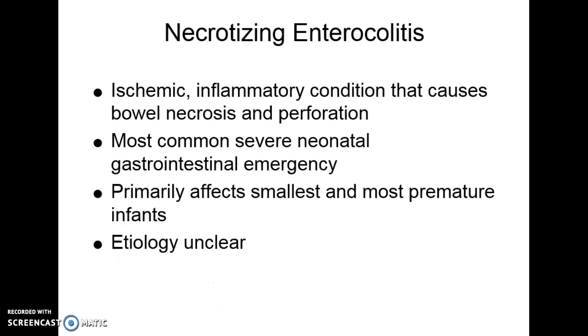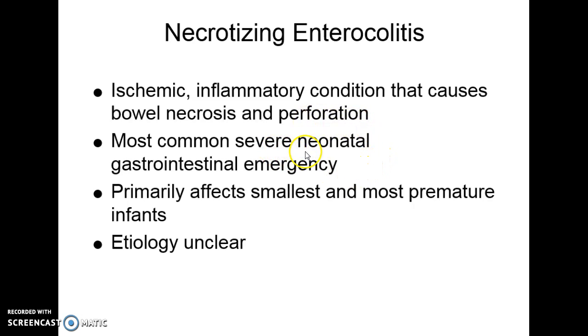The next disease is necrotizing enterocolitis. This is an ischemic, lack of blood flow, inflammatory condition that causes bowel necrosis and perforation. The perforation is very bad because, again, that leaks all of the intestinal components into the peritoneal cavity.